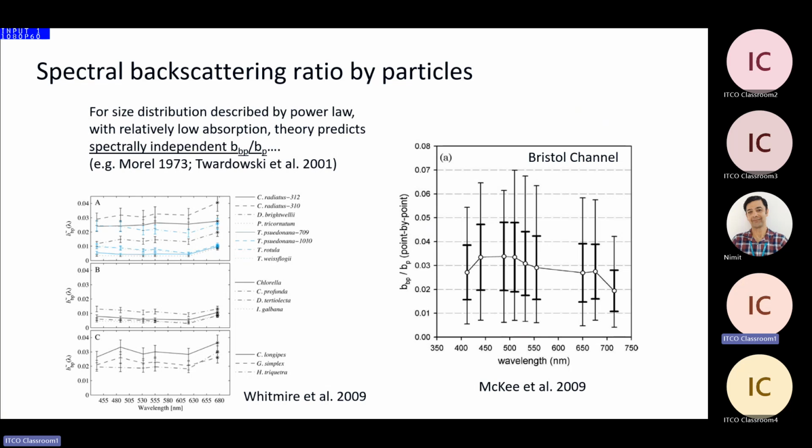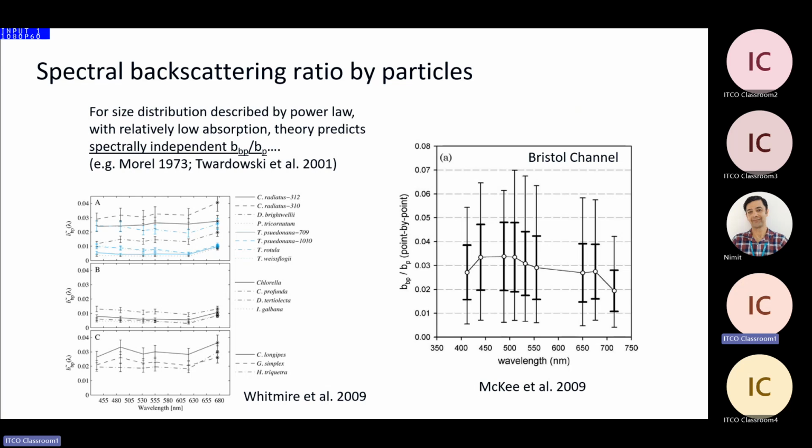Because the bbp is measured spectrally, and it's calibrated completely independently from the b measurement. The b measurement comes from an AC9 or an ACS, and again, it's the c minus the a. So you're taking all these different measurements that have to come together for bbp over bp.